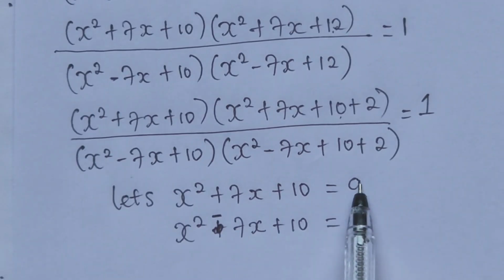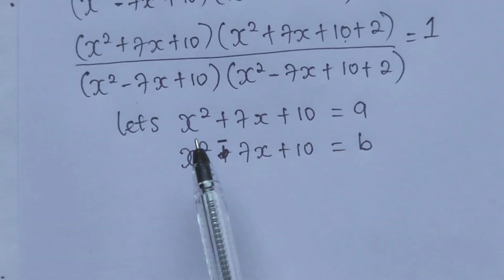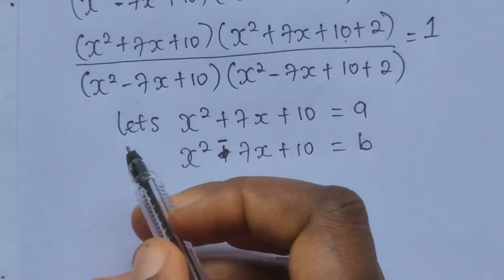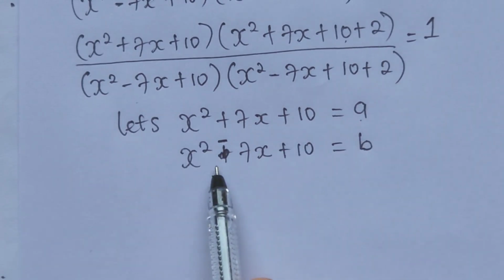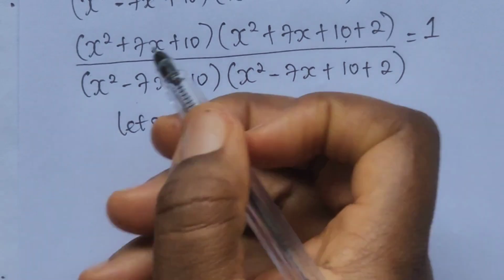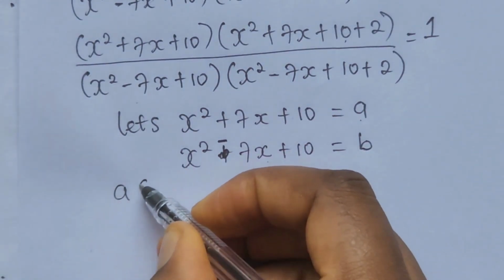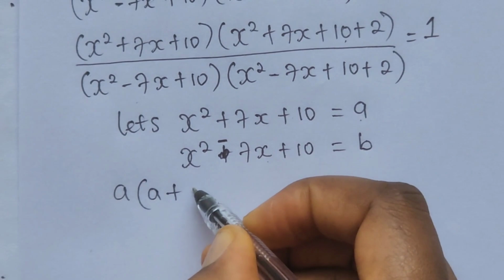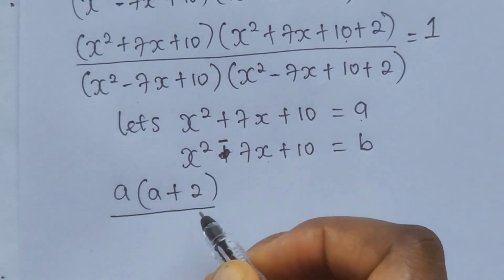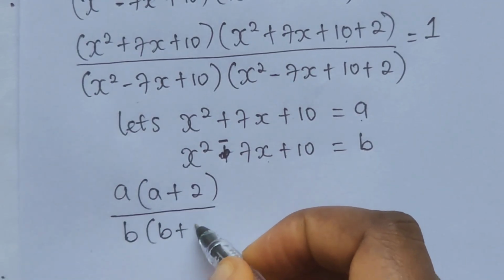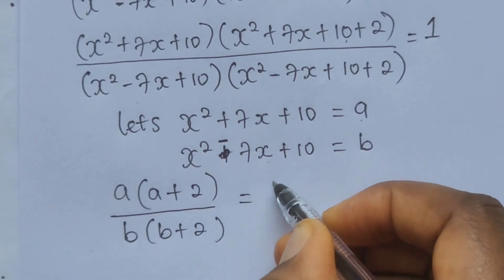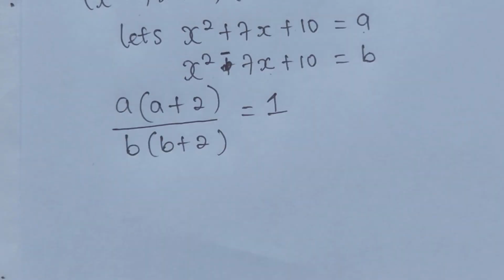So imputing this for a and imputing this for b over here, we'll have a times (a plus 2) all over b times (b plus 2) to be equal to 1.